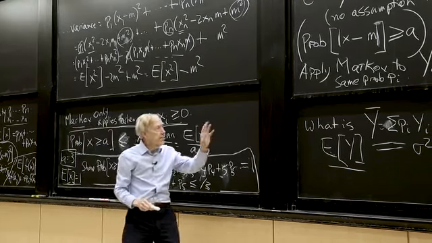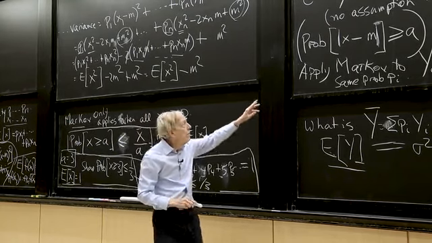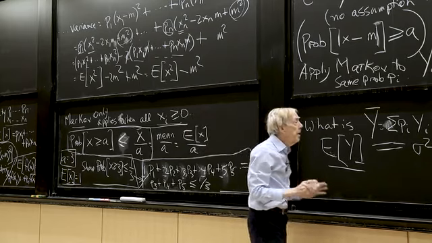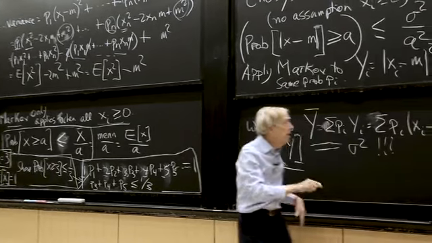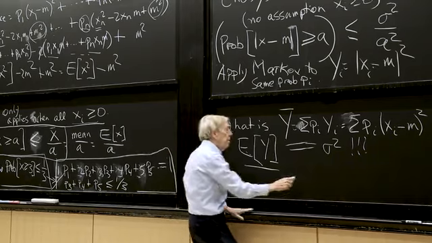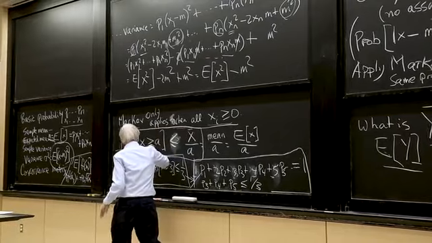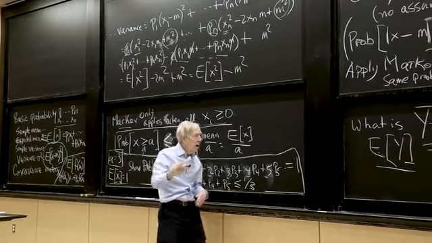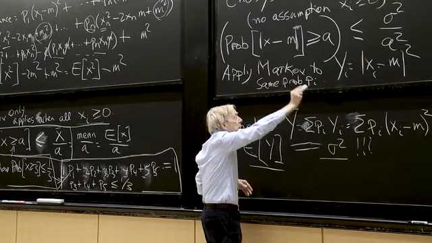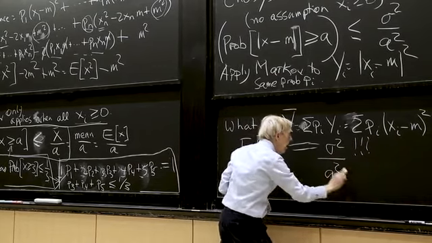But now I'm looking at the y's. So if the absolute value of x minus m is greater than or equal to a, then xi minus m squared is greater or equal to a squared. So my a over here for x is now turning, in this problem, where I'm looking at probability greater or equal to a, but squaring it, into a squared.